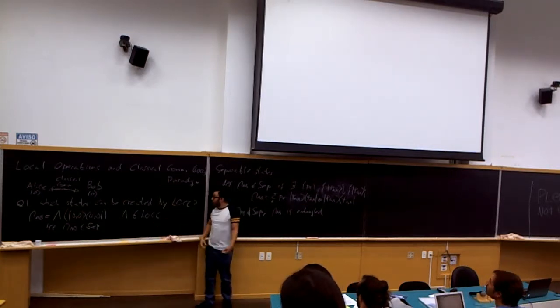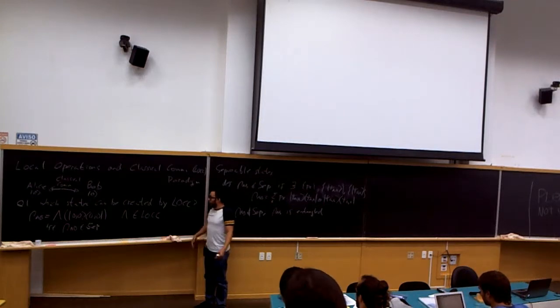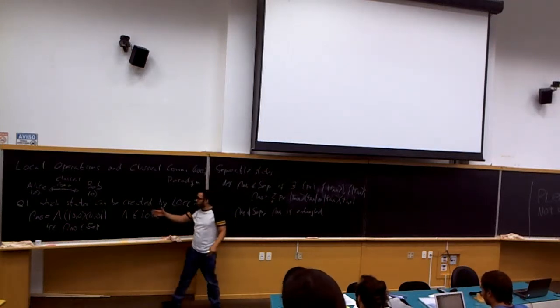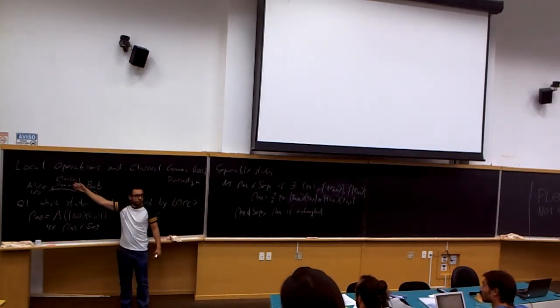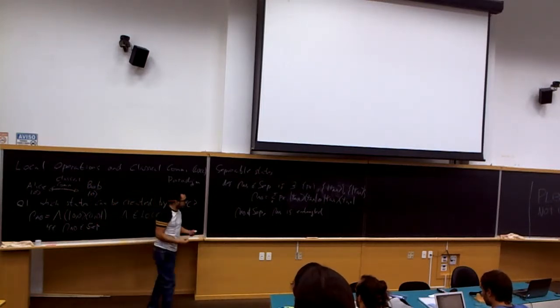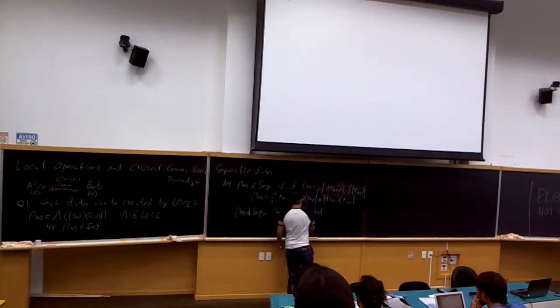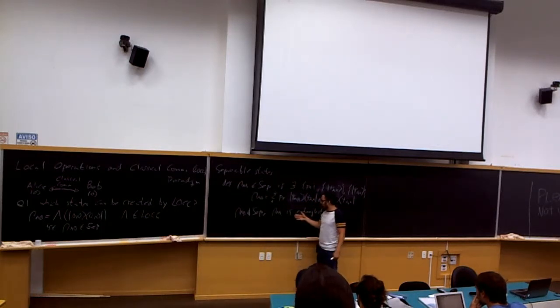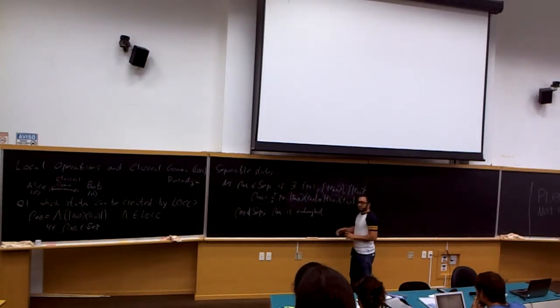Then you see that there must be some correlations beyond what we can have classically, because here we can create as much classical correlation as we want. We can communicate classically any amount we want. So that's a way of distinguishing the truly quantum correlations, the entanglement, from classical correlations. Is this clear?